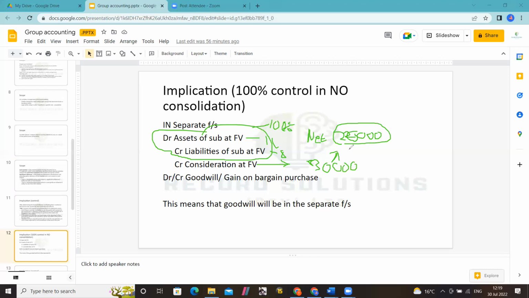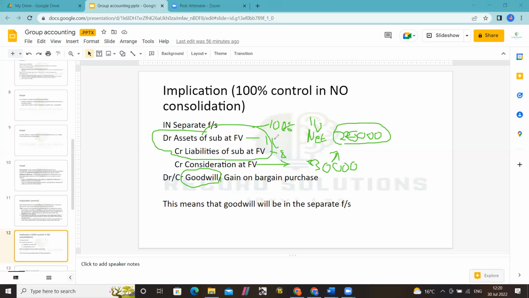So that means that 30,000, and I implore you to also go to that part of the video if you don't understand this goodwill part, where I went into detail explaining what goodwill is. Now, obviously you purchased 20,000 using this 30,000, so the difference is 10,000.